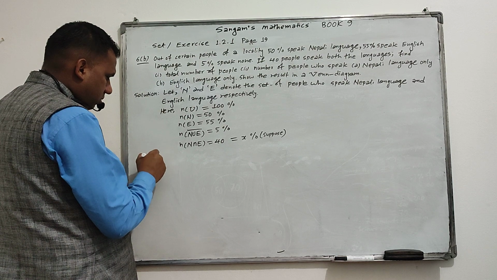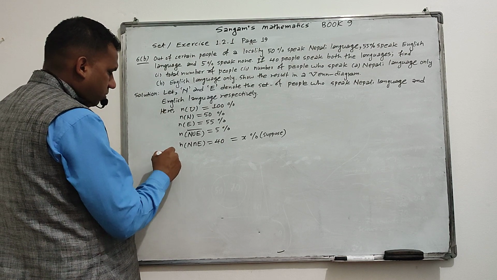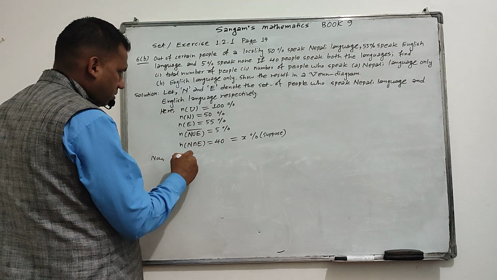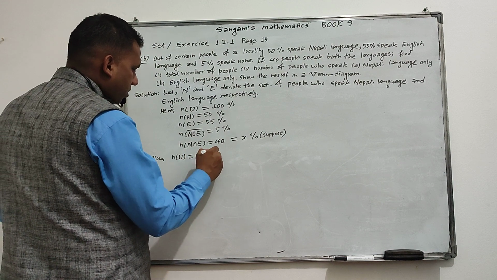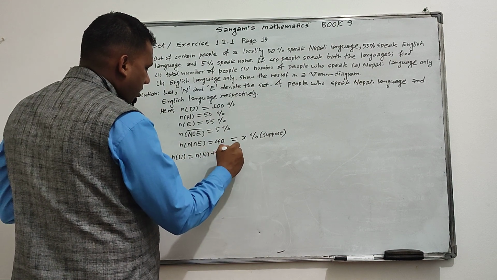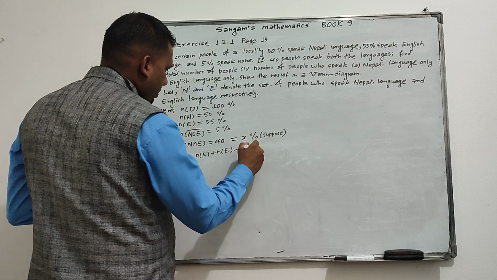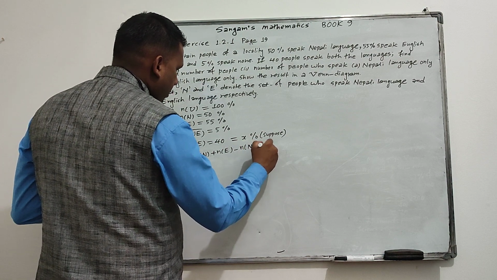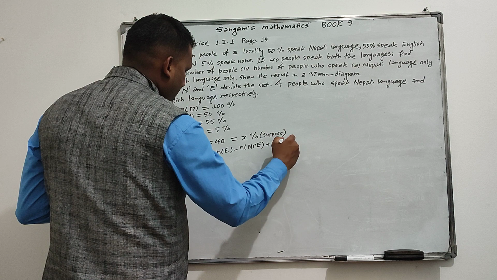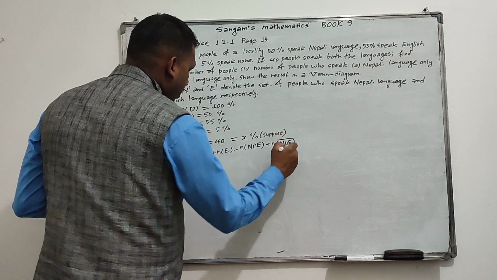Now using the formula, number of U equals number of N plus number of E minus number of N intersection E plus number of (N union E) whole complement.